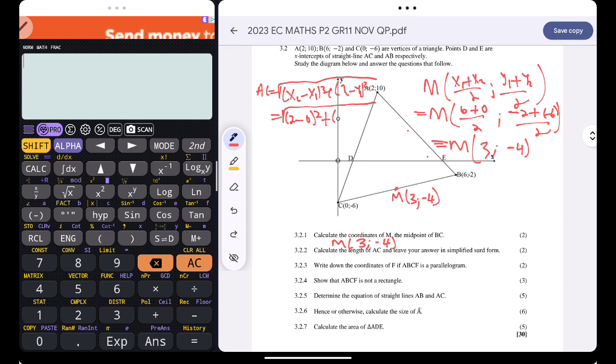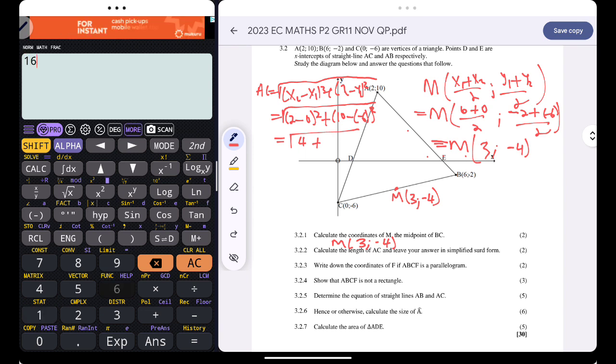The y value at A is 10, minus the y value at C, negative 6, squared. And then I'll have 2 squared, which will give me 4, plus 16 squared.